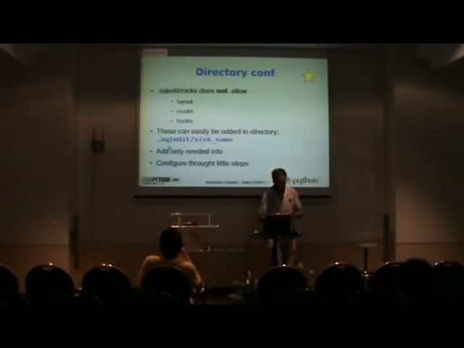But the SQL Edit configuration file does not allow you to say which layout you want, or which is the model or which are the hooks. So you can add them in a directory under the .sqledit directory.